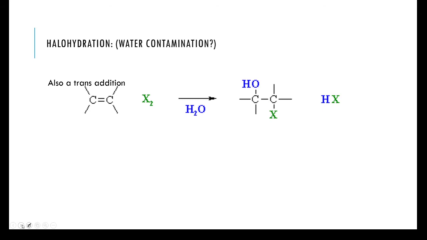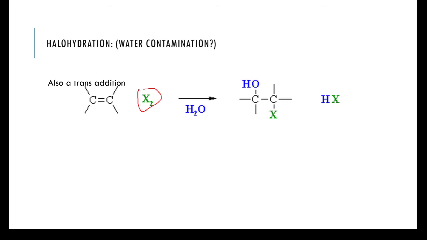Okay. How about if I have a halogen, all right, but water is present. This is why we don't use water. This is why if you're doing a halogenation in a lab setting at some point in time, you have to make sure your glassware is completely dry.